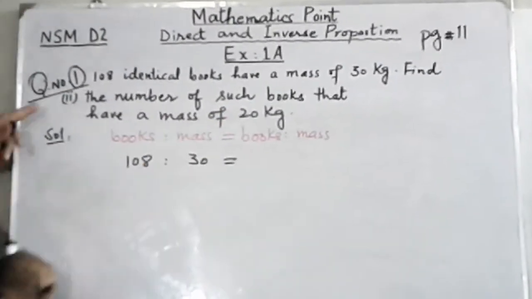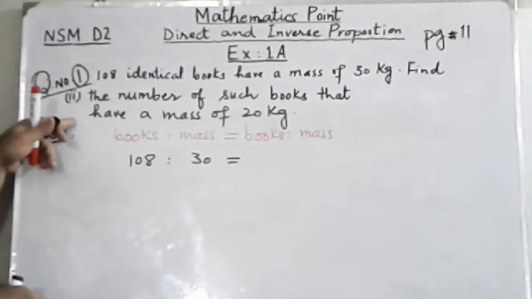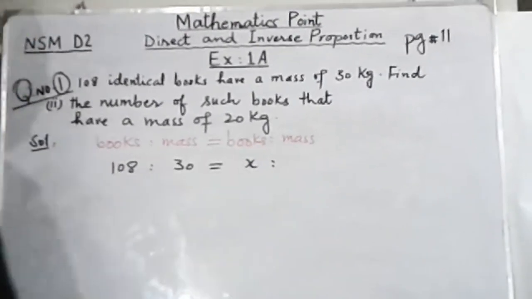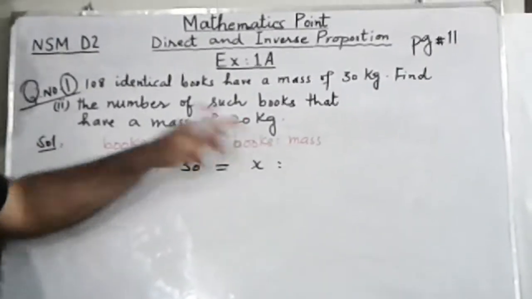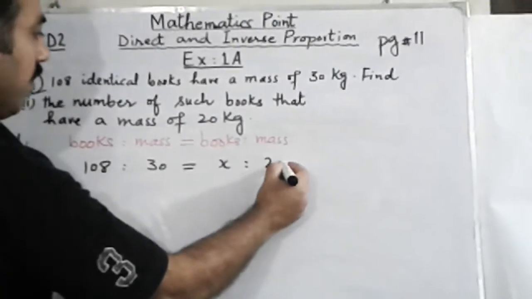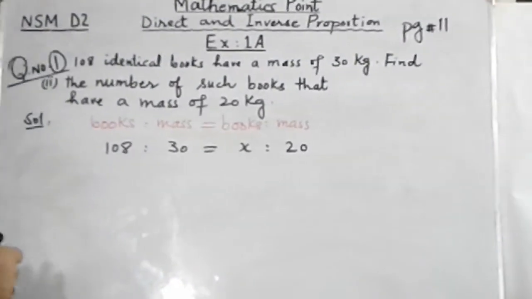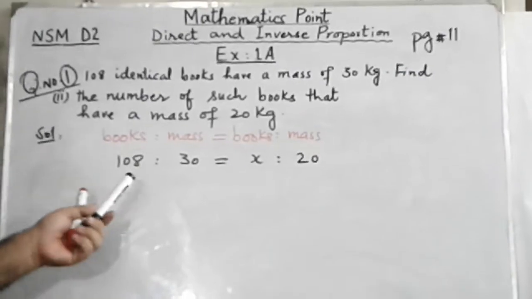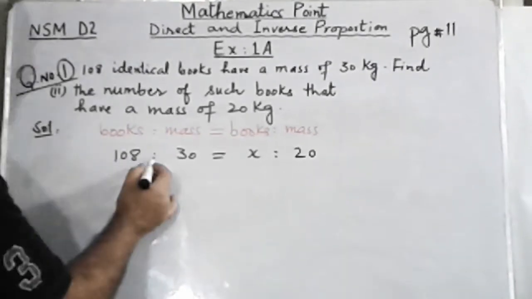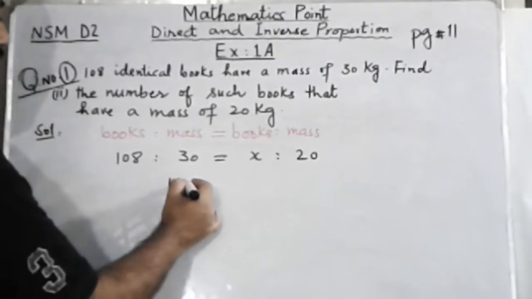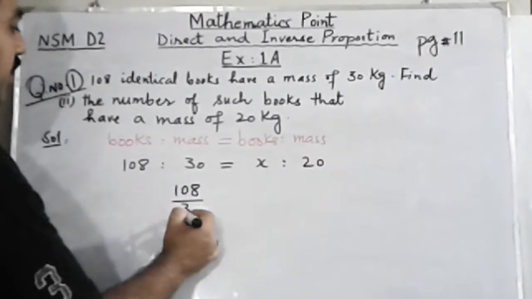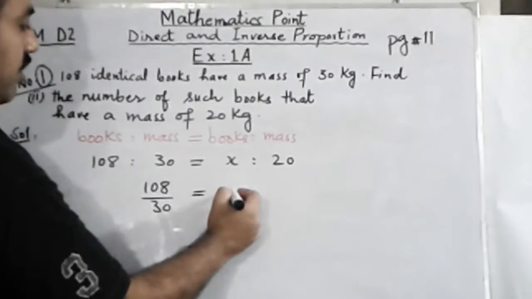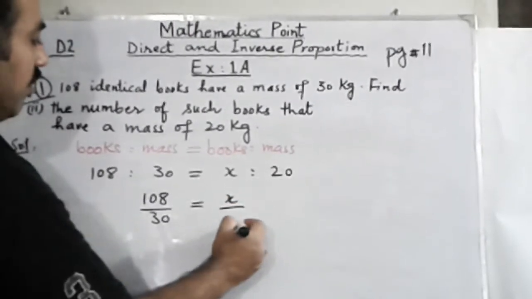Now in part 2 students, we have to find out the number of books. So let the number of books be x and they have the mass of 20 kg. Now change this proportion into fraction form. 108 ratio to 30, we can write as the fraction 108 over 30 is equal to x ratio to 20. When changed into a fraction, it becomes x over 20.